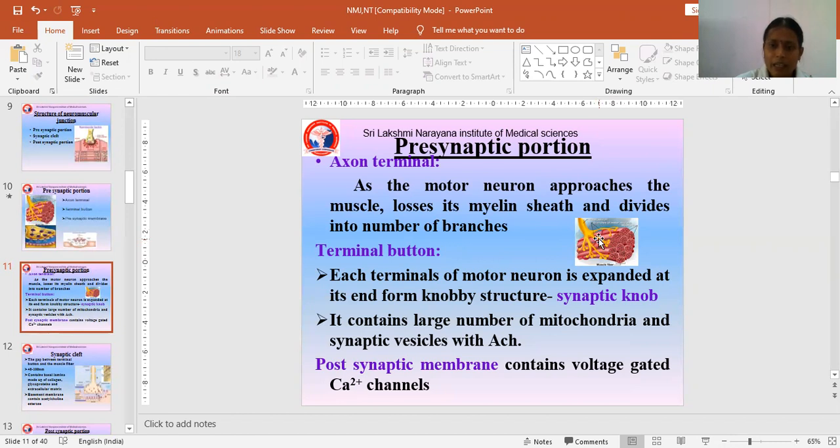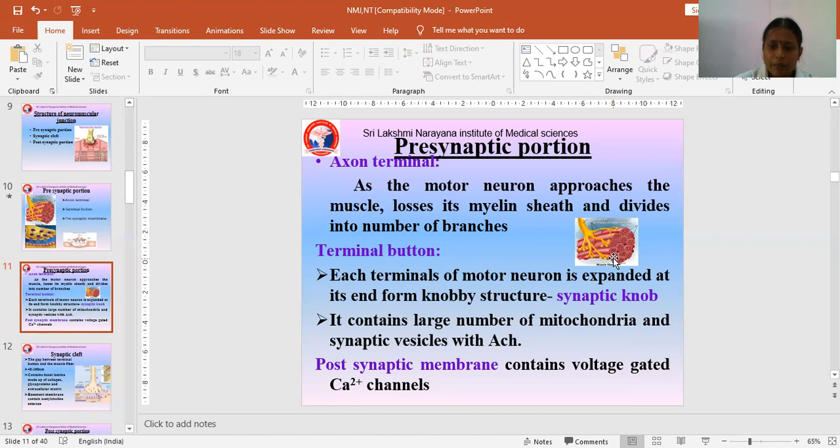Each terminal of the motor neuron is expanded at its end and forms a knobby structure that is called the synaptic knob or terminal button.